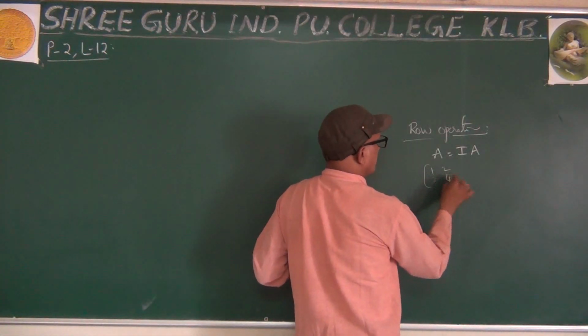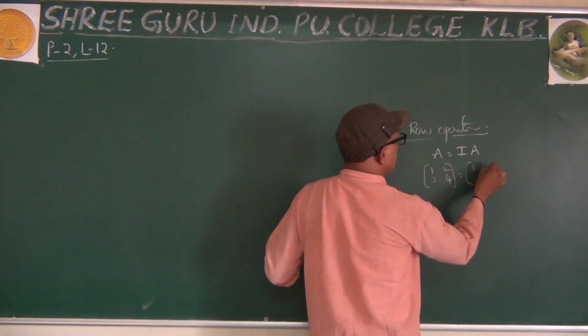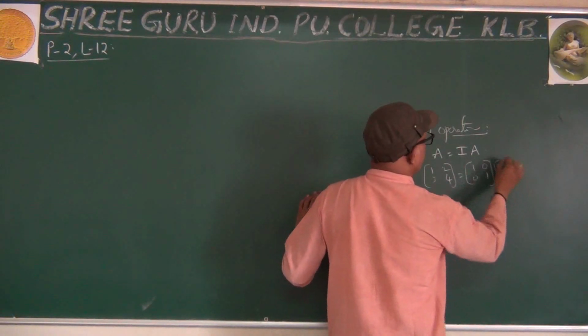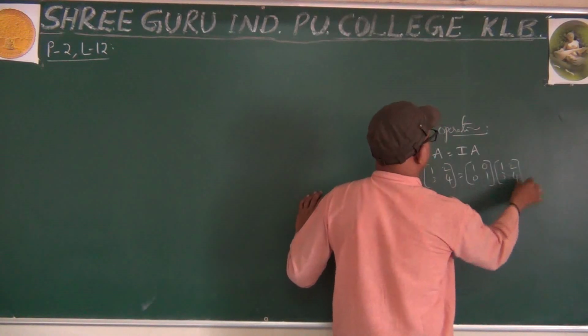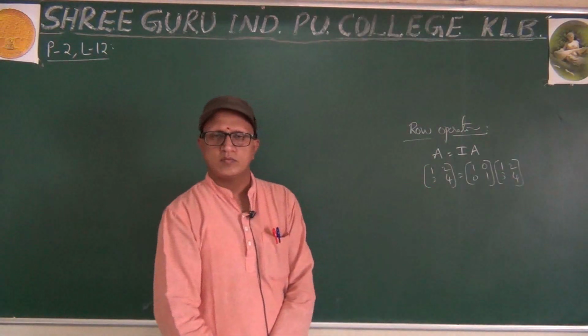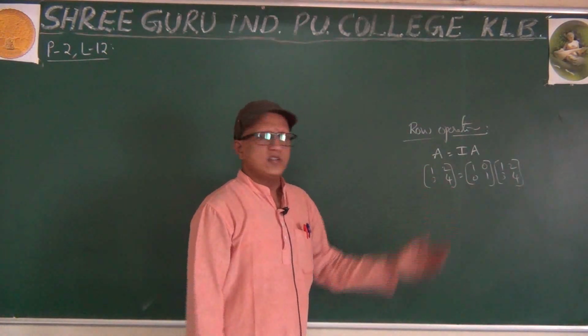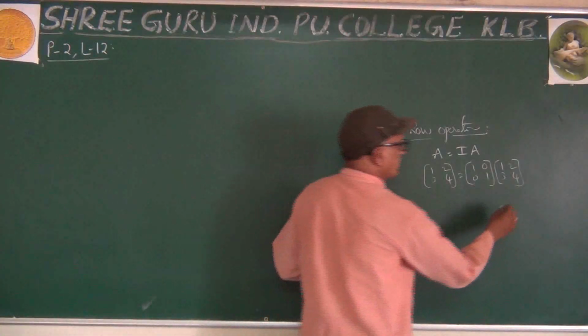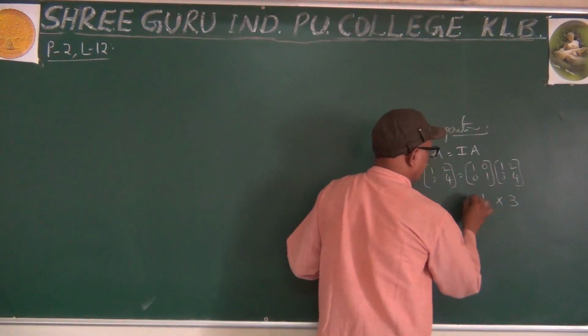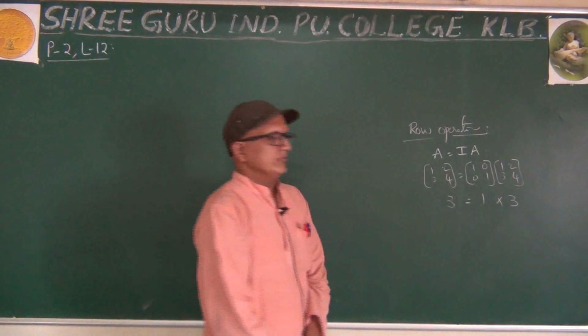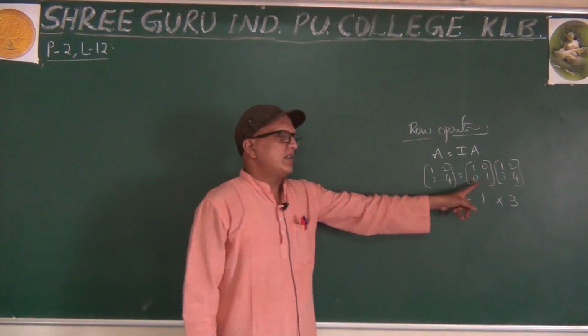Say A is 1, 2, 3, 4. What is I? 1, 0, 0, 1. It looks like 2 ones, the identity matrix.